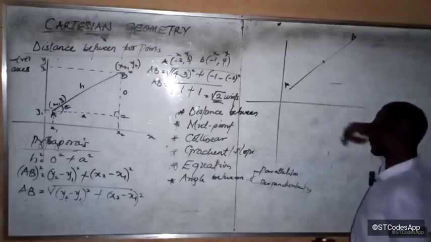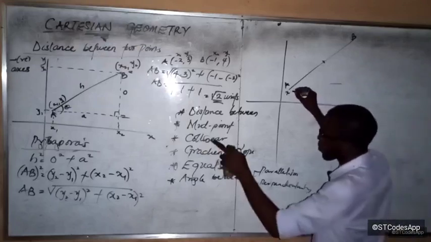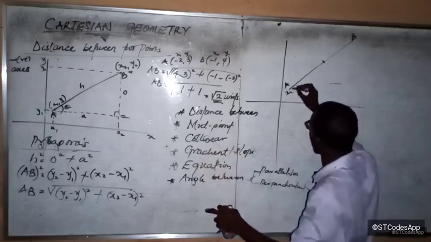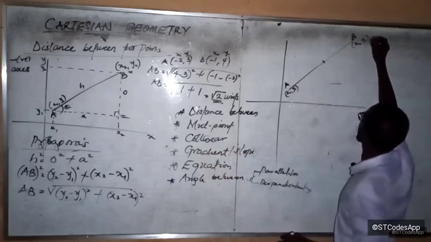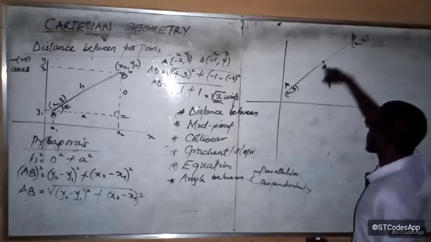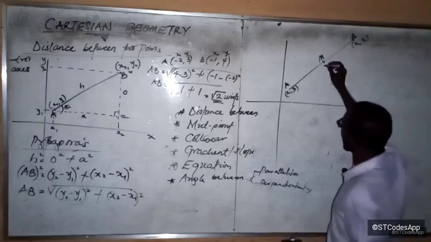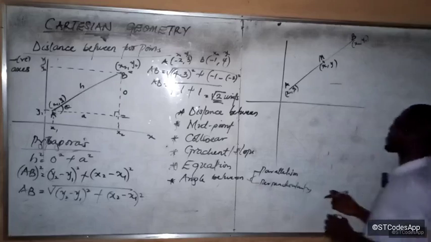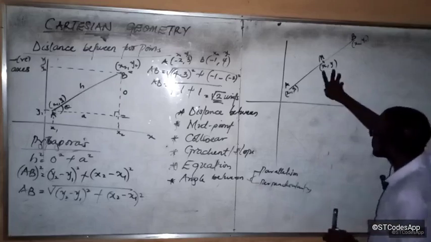So we know that there is a point here which is our x1, y1, and there's another point here which is our x2, y2. So this point also, we can name it a point M. This point M is going to have its own coordinate x and y. It's going to have a particular x value and a particular y value. All right, so that's going to be the midpoint of the line.